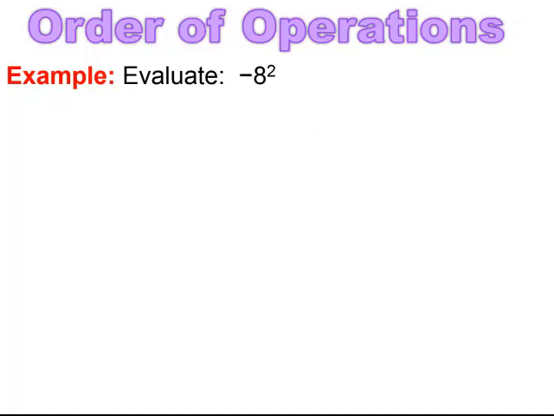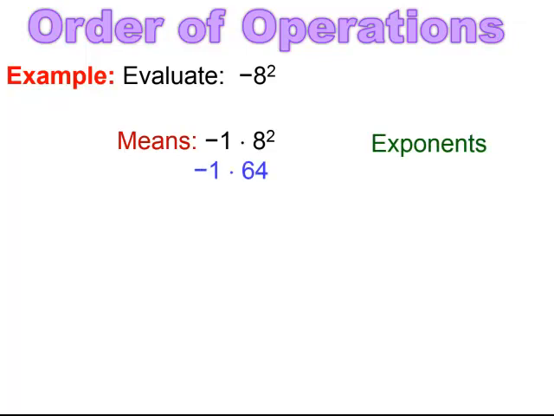So if you see something like this with no parentheses, what that means is I'm taking the 8 and squaring it, not the negative. So when I do this, I really have a negative 1 being multiplied to that 8 squared. When I do this in order of operations, I have to do that square first because it has an exponent, so I end up doing the square, which is 64, and then I would do the multiplication of that negative 1.